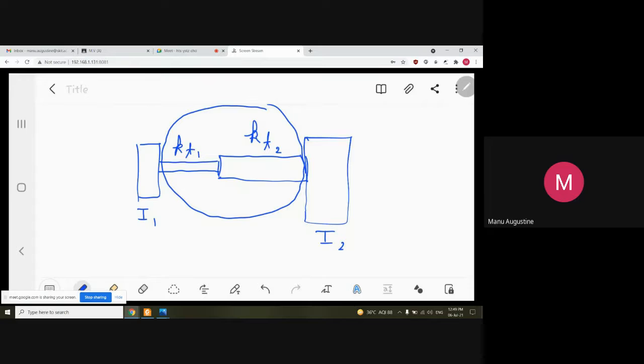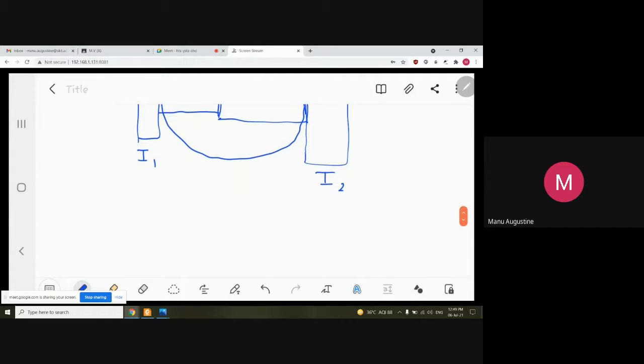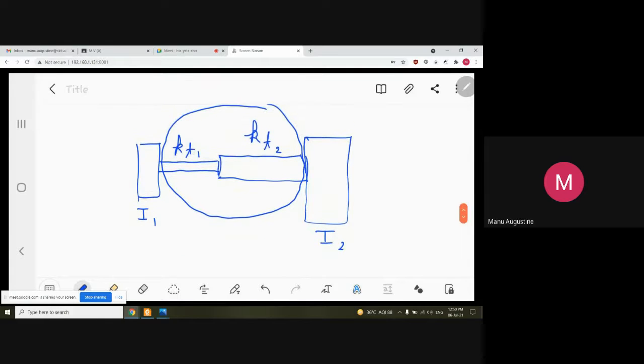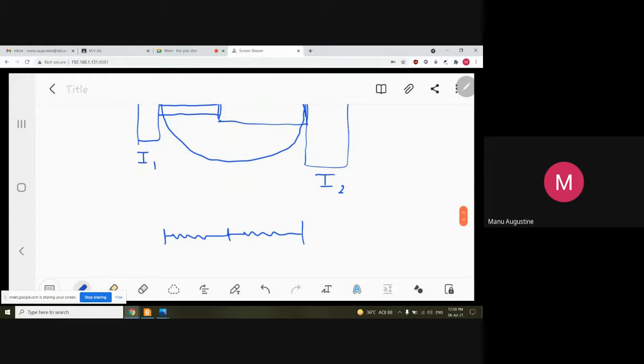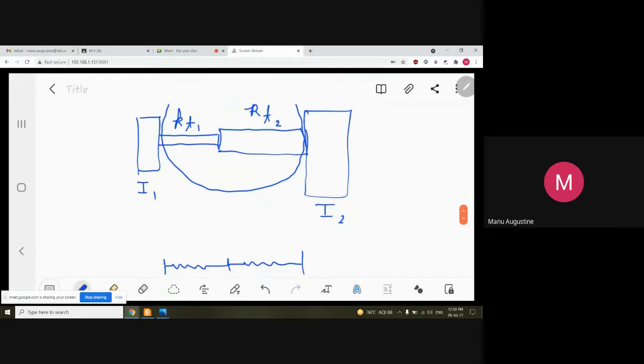How do you do that? You just have to treat it like a case of two springs in series. See, the shafts are nothing but springs in torsion, right? So if you ever feel confused in rotary systems, you just go to your rough page and draw an equivalent system like this.